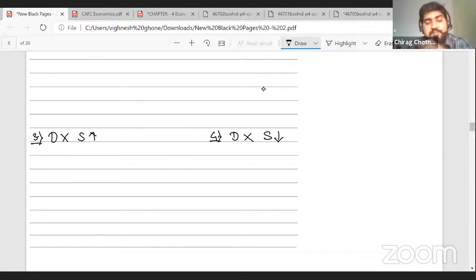At the same time, the climate has been very favorable towards production of strawberry. So this is the case of increase in demand, increase in supply. Now they are asking you what will be the effect on equilibrium price and equilibrium quantity. So friends, these are the things you need to emphasize on. In equilibrium price and equilibrium quantity, what will be the changes depending upon demand and supply? This is what we need to find out.